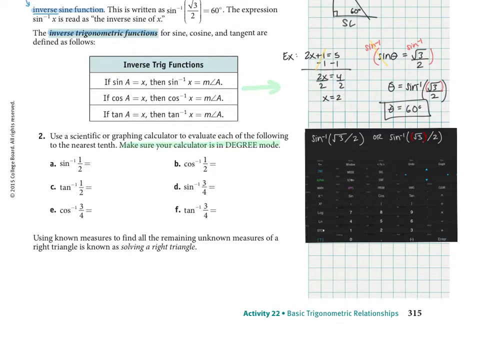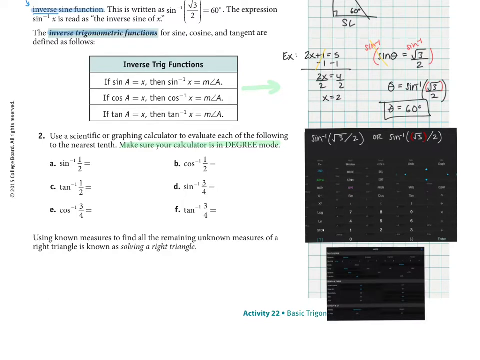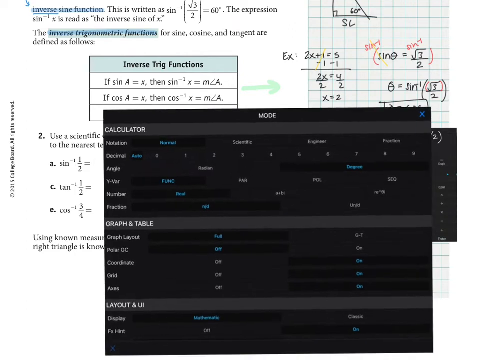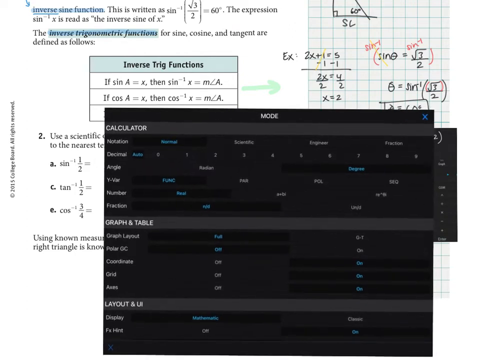I will tell you most of the calculators, like our graphing calculator on our iPad, are already in degree mode. But if you need to double check, you can tap this mode button, and this window will pop up. I'll zoom in for a second so I can show you that. This window will pop up when you press mode on your iPad calculator or your normal calculator.